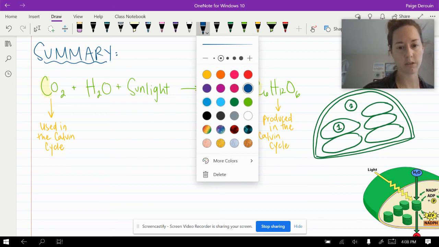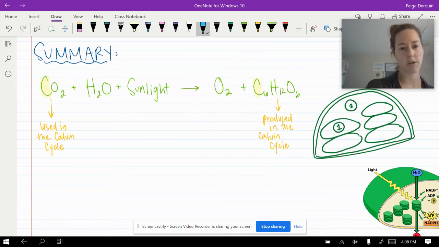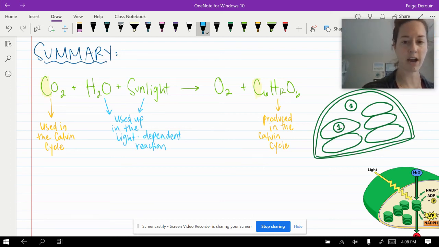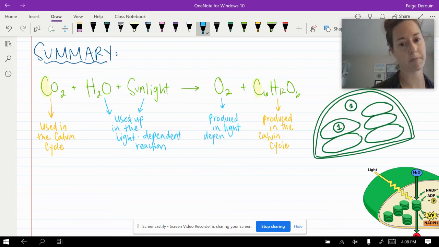Use a different color, use blue. So my water and my sunlight are used up in the light dependent reaction, and my oxygen is produced in the light dependent reaction.